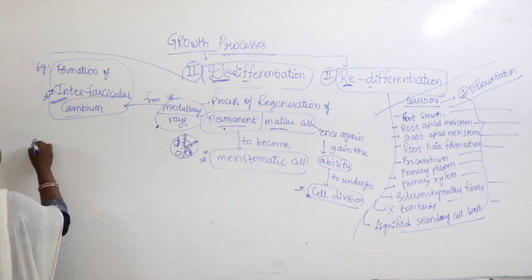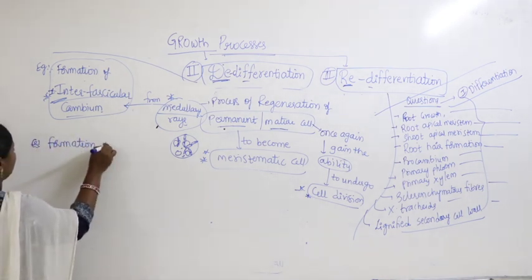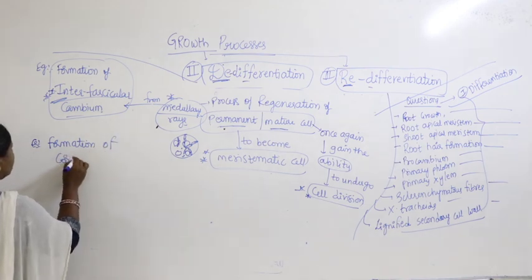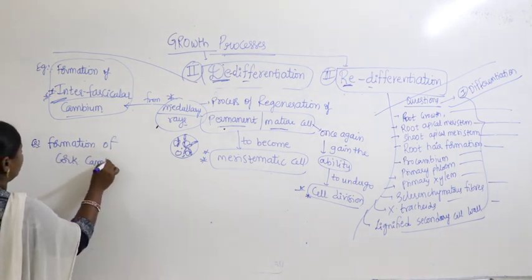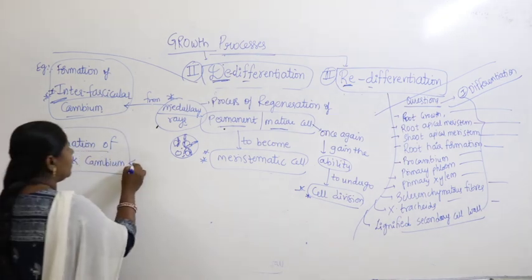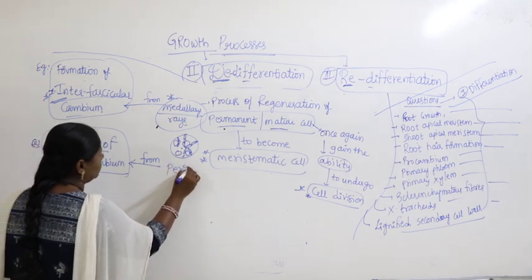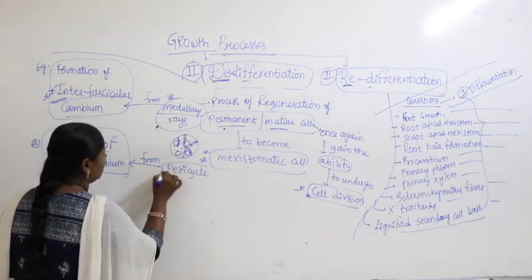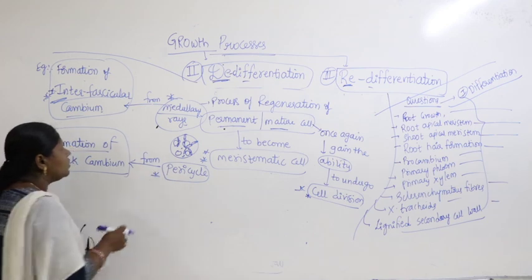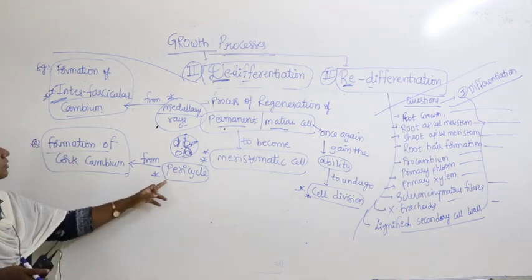Similarly, one more example is formation of cork cambium, from the pericycle.